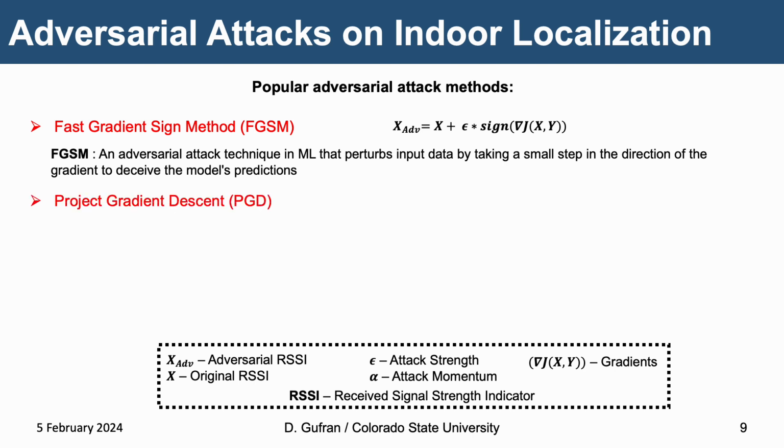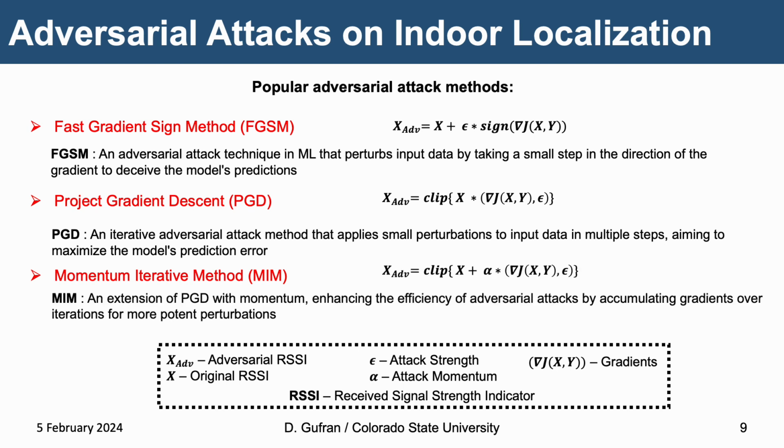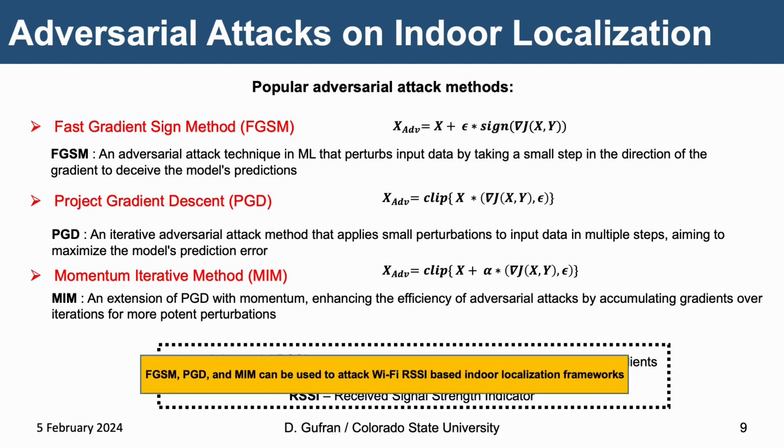Another attack method employed is projected gradient descent, or PGD, an iterative attack approach that applies incremental perturbations to the input RSSI across multiple steps to maximize the model's prediction error. Additionally, the momentum iterative method, or MIM, an extension of PGD with momentum, introduces more robust perturbations to deceive the ML model. In conclusion, FGSM, PGD, and MIM serve as effective tools to compromise Wi-Fi RSSI-based indoor localization frameworks.